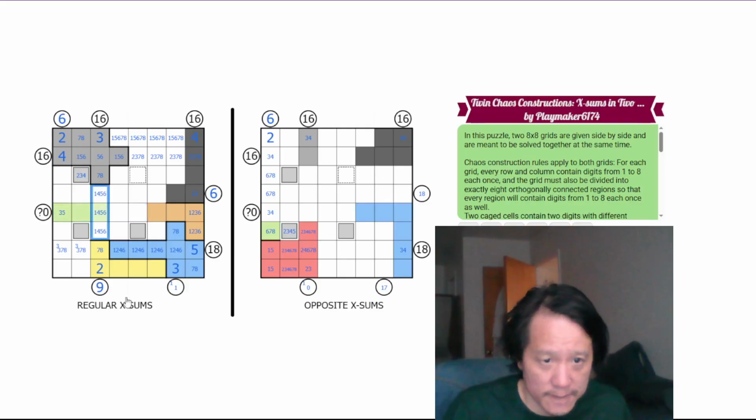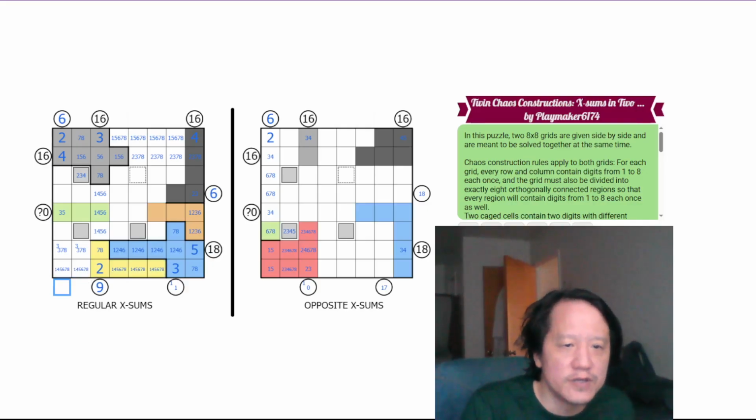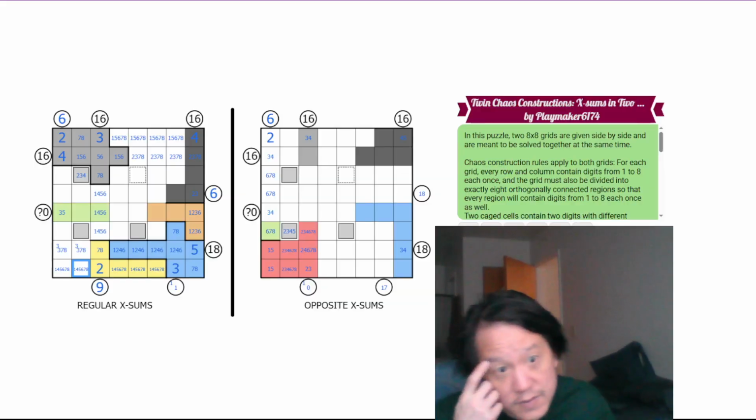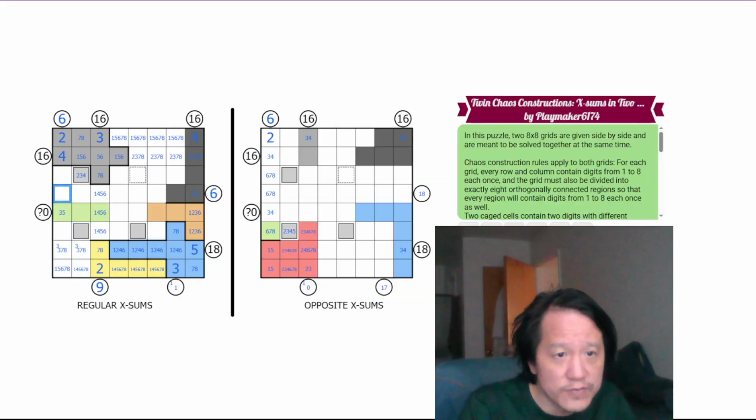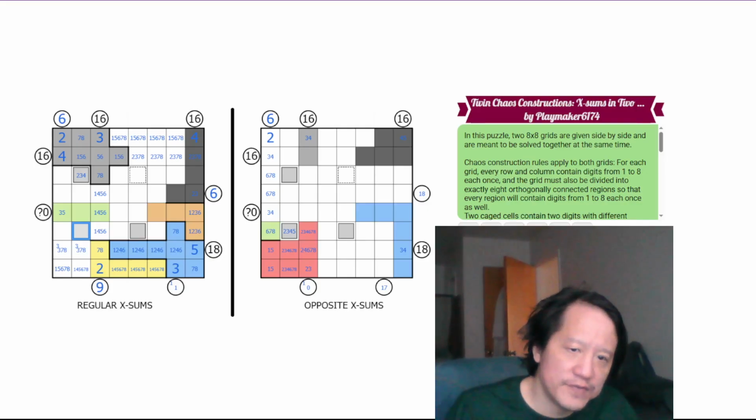Okay. What about the rest of row 8? We have 1, 4, 5, 6, 7, 8. No 4 here because of 4 in the column. If this is 2, then this must be 2 digits adding up to 9 or 10.